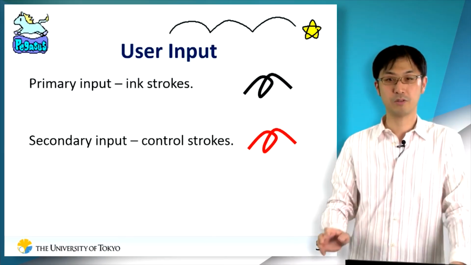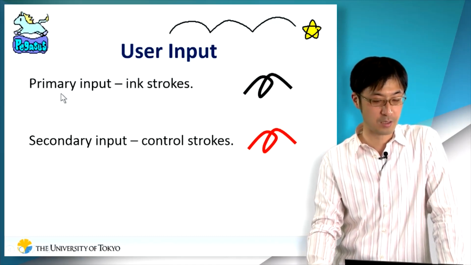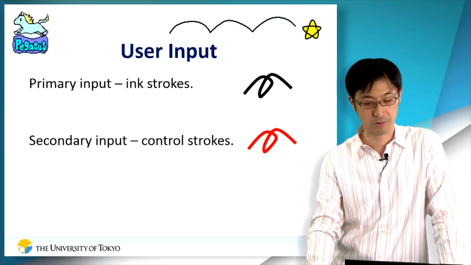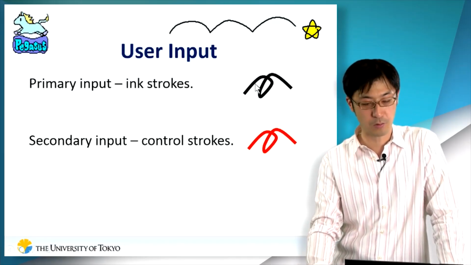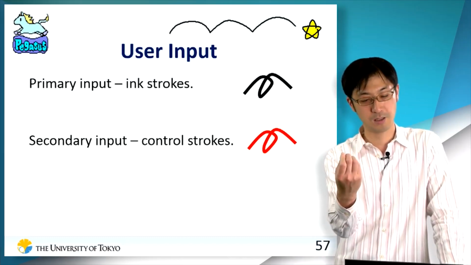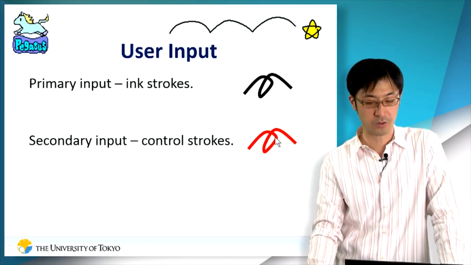So user input here consists of two kinds. One is primary input, given by standard ink strokes, mouse left button, and it is always ink strokes. And secondary input, like the other side of the pen or pen down with button down, is always control strokes.